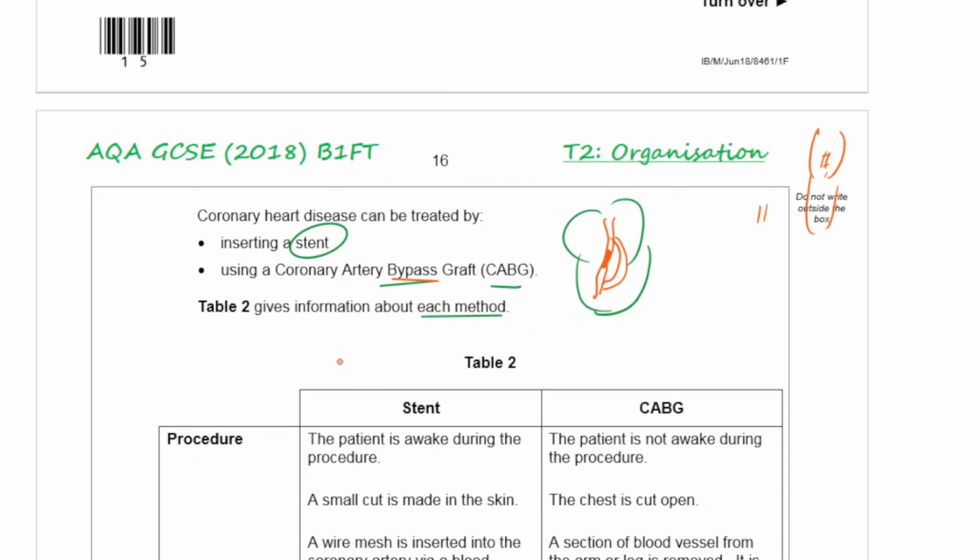Now, what is a stent? If that is my blood vessel or artery, and this is the fat deposits on the side, making it narrower.